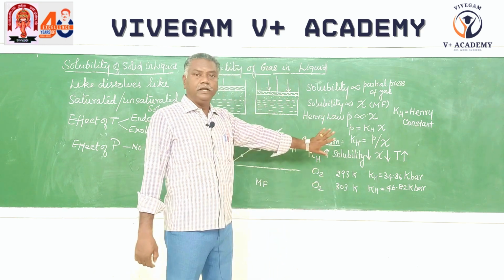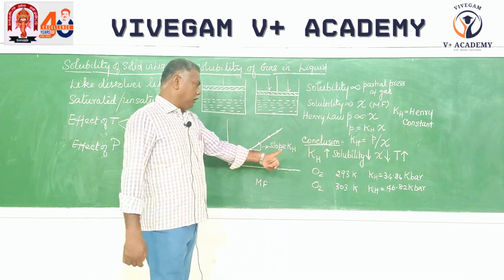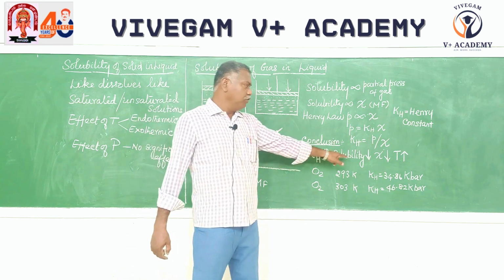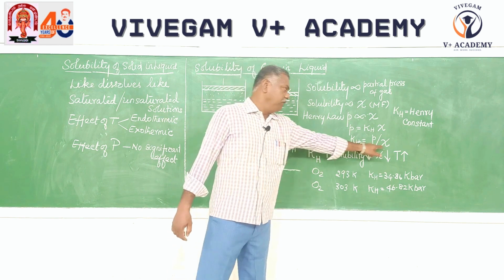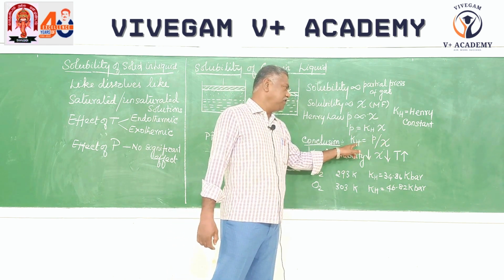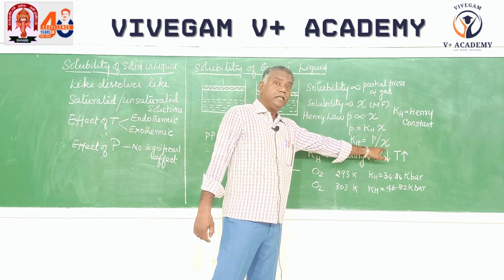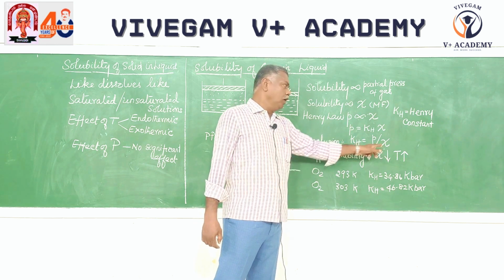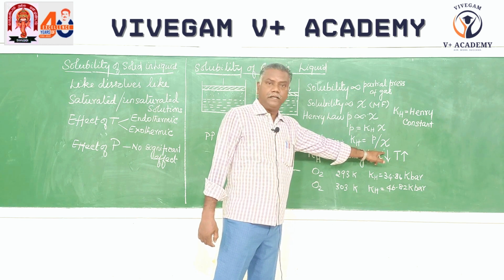So from this we can conclude that as kH increases, solubility decreases. See, they are inversely proportional. kH and mole fraction, they are inversely proportional. So if you increase the kH value, mole fraction will automatically decrease.